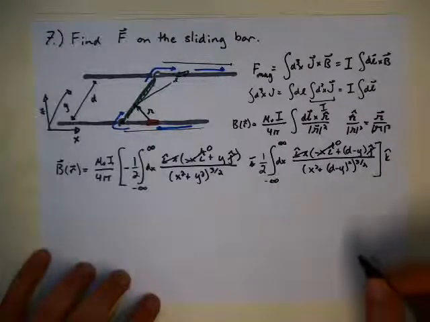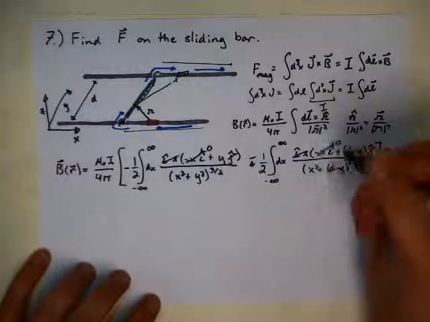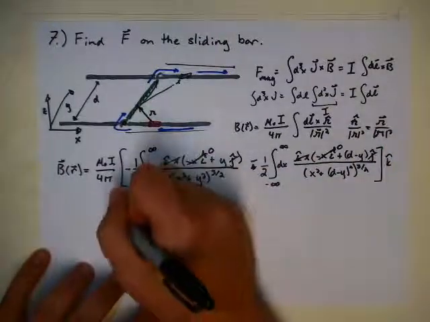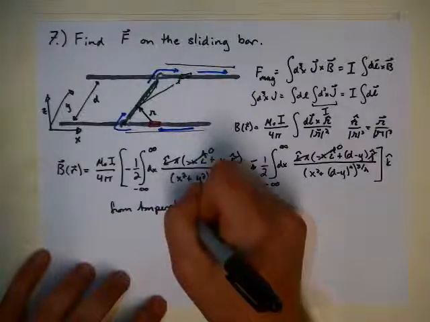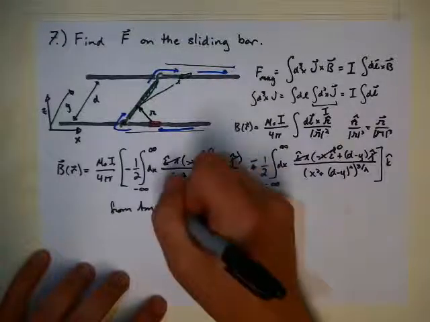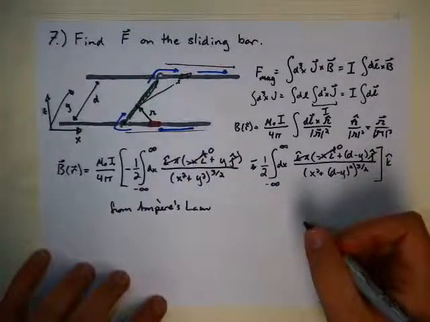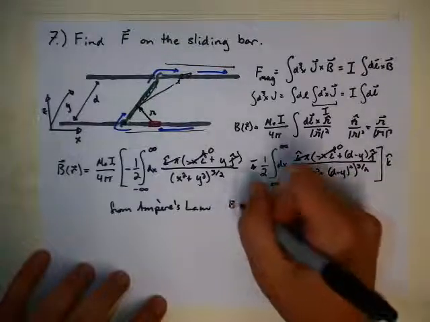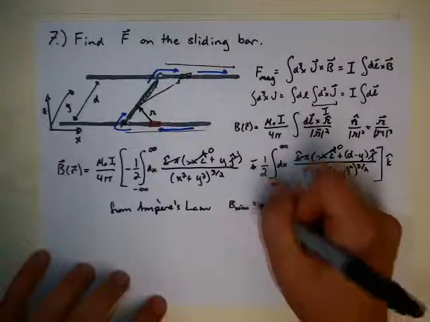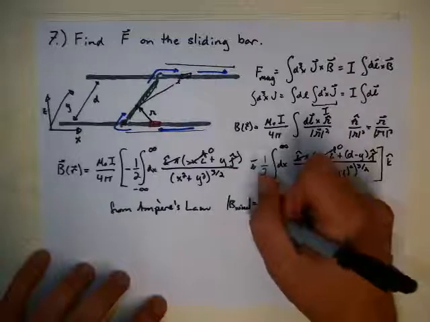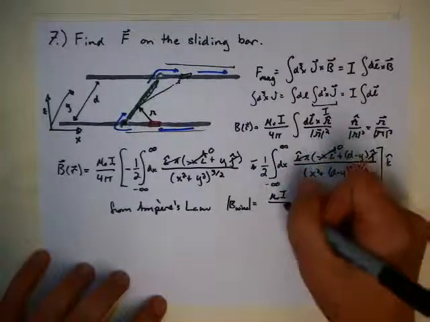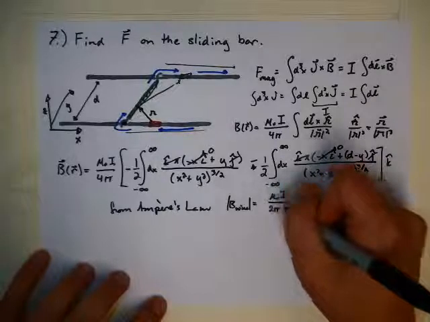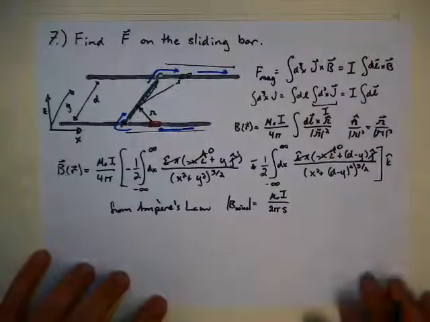And from Ampere's law, we know that the magnitude of the magnetic field for a wire is equal to mu naught I over 2 pi s, where s is the distance away that we are.